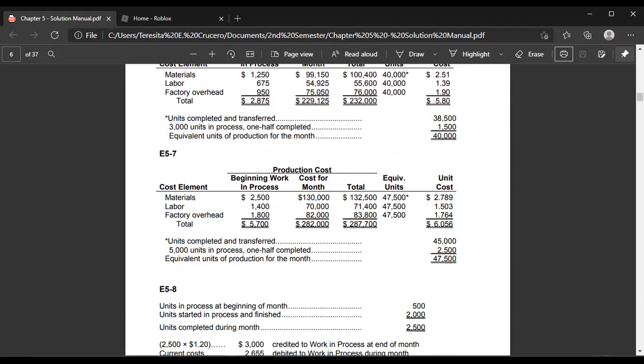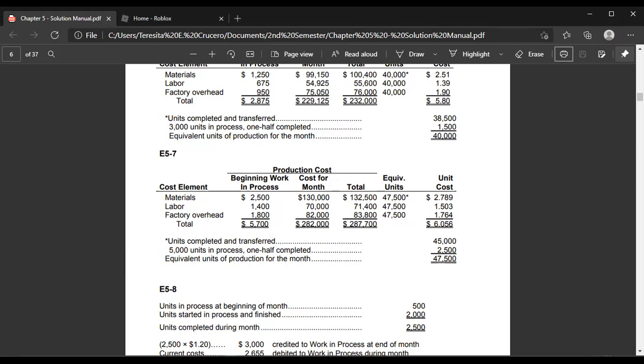We have the records of Stone Incorporated reflect the following data. Work in process beginning of the month, 4,000 units, 1/4 completed at a cost of 2,500 materials, labor 1,400, factory overhead is 1,800.